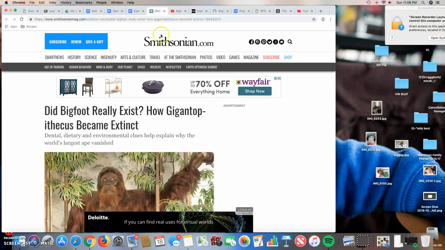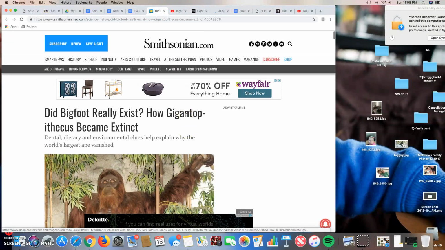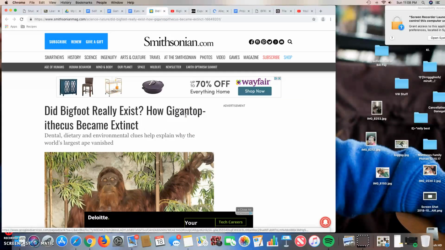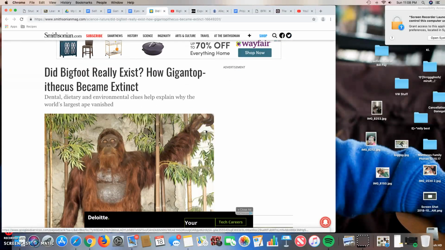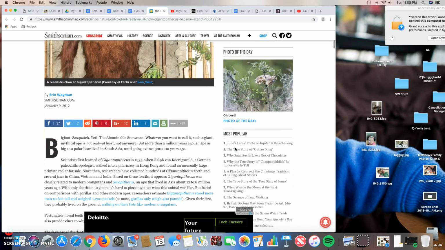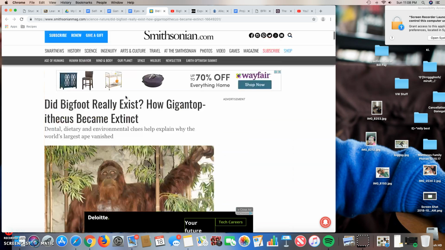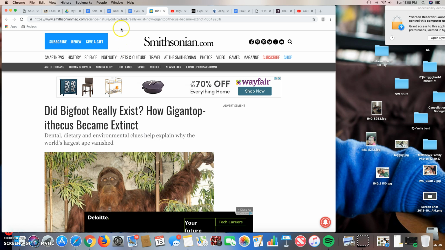For example, group 1 will be looking at an article from the Smithsonian that hopefully they'll recognize as a credible source, talking about how possibly Bigfoot is related to the Gigantopithecus, which is a prehistoric version of the orangutan that fits a lot of the common tropes about Bigfoot. So they'll be given this one source that's maybe supporting that it's a monkey, something related to that.